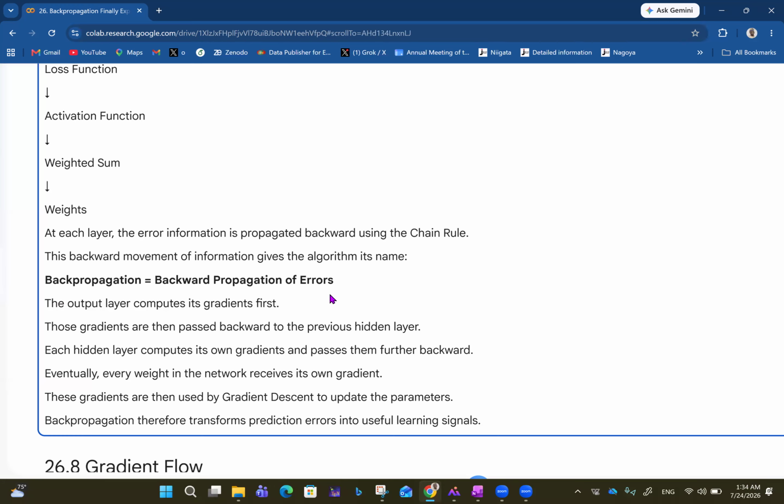The output layer computes its gradients first. Those gradients are then passed back to the previous hidden layer. Each hidden layer computes its own gradients and passes them further backward. Eventually, every weight in the network receives its own gradients. These gradients are then used by gradient descent to update the parameters, and backward propagation therefore transforms prediction errors into useful learning signals.